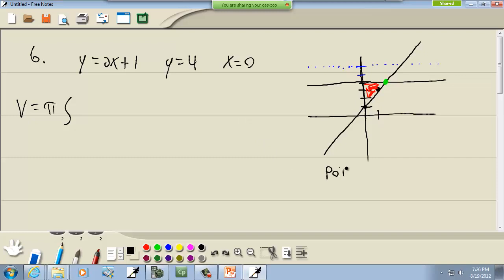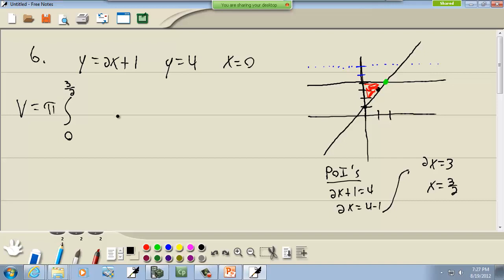So for our point of intersection, we said 2x plus 1 is equal to 4. Take the 1 over, and we got 2x is equal to 3, or x is equal to 3/2. I guess that seems reasonable. 1.5.